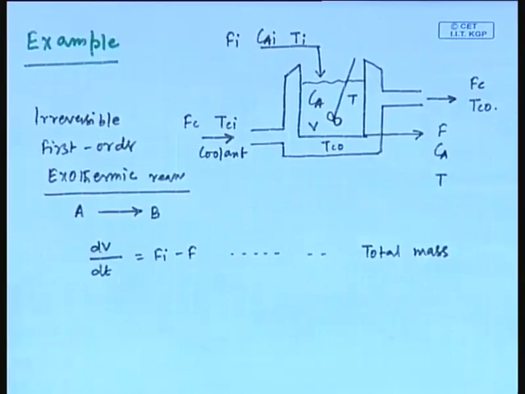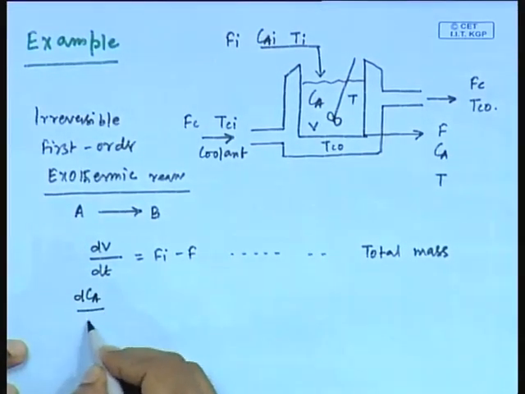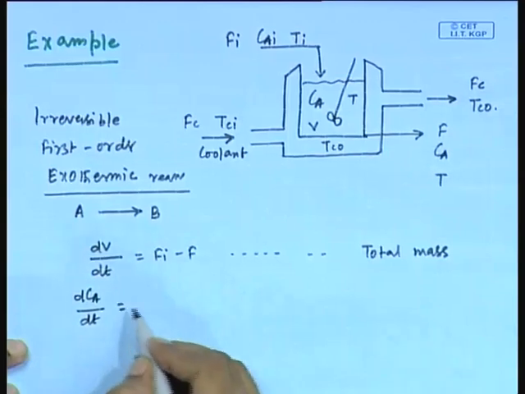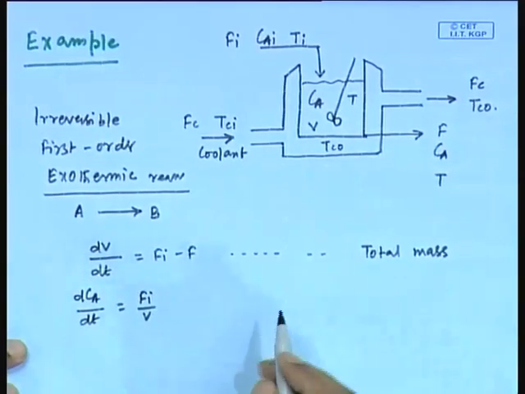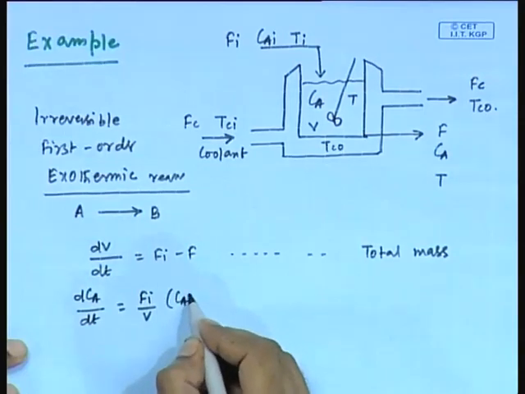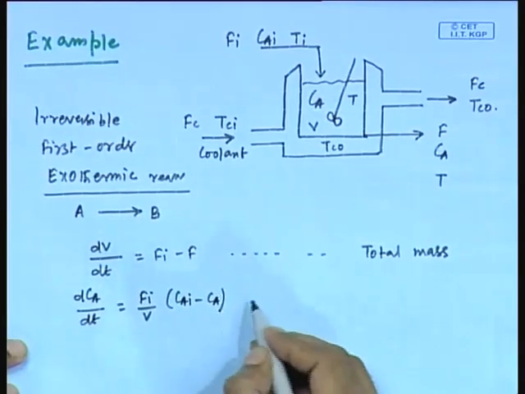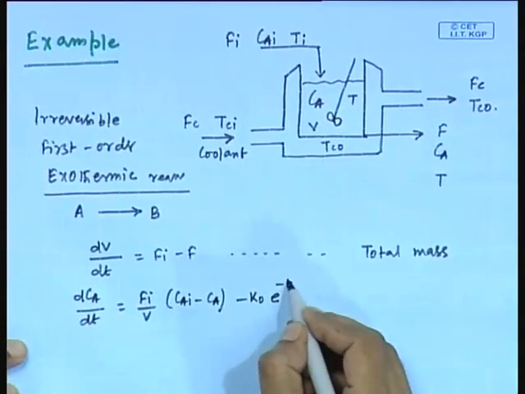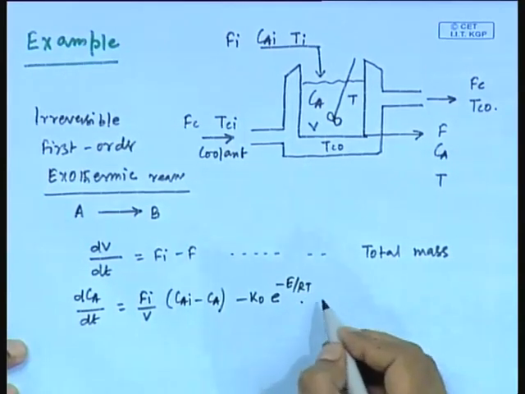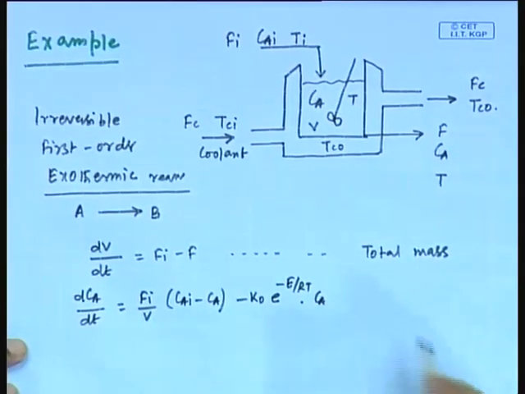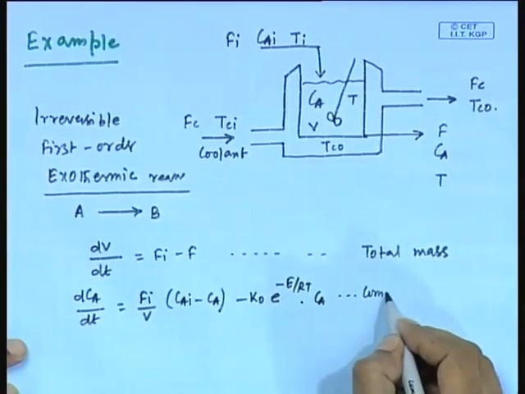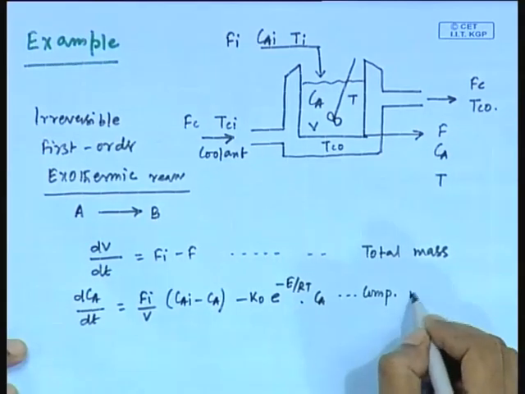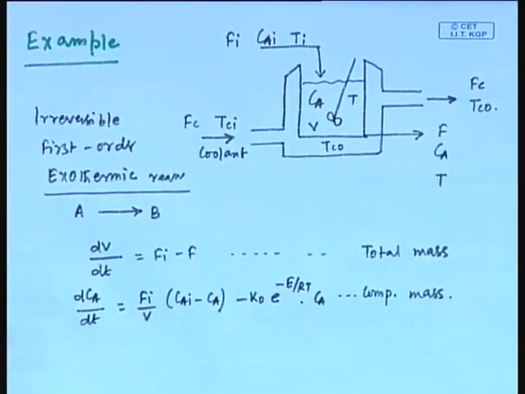Similarly, we got another equation for component mass balance: dCA/dt equals Fi divided by V times (CAi minus CA) minus k naught exponential of (minus E divided by RT) times CA. This equation we got considering component mass balance. Fine.